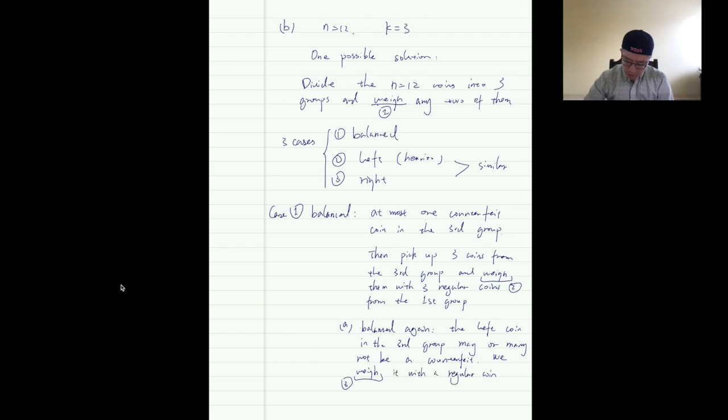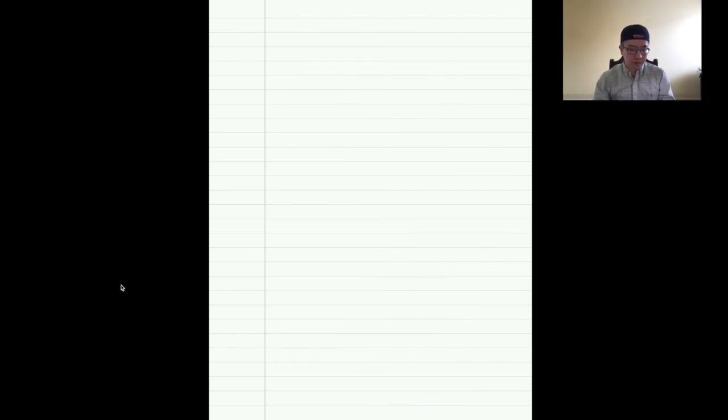With a regular coin, we will resolve all the information, and then we know whether it is regular, or heavier or lighter. Okay, then we can solve the problem, right? So very good. That's pretty easy. This is the easiest case, when they are balanced.